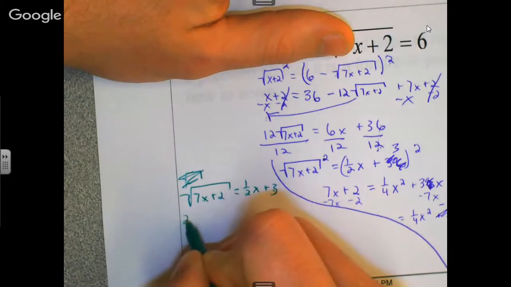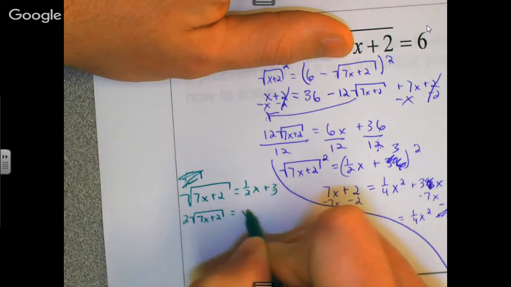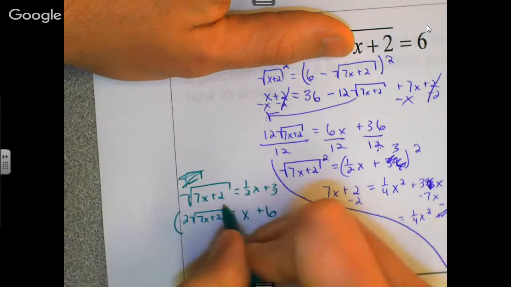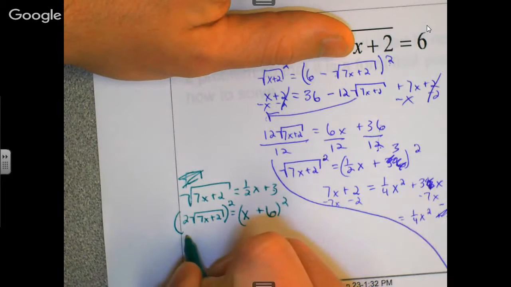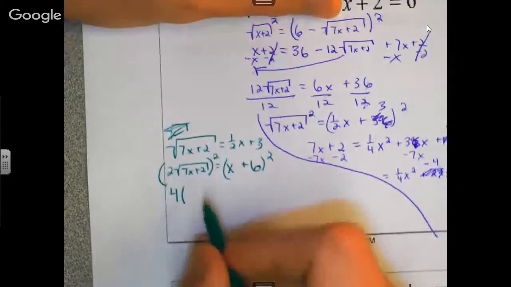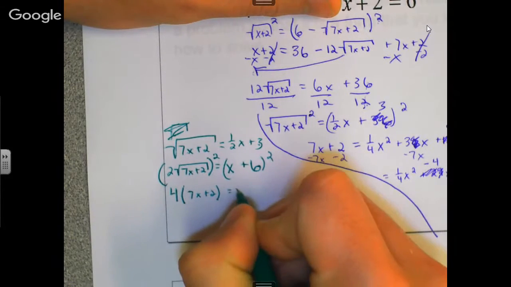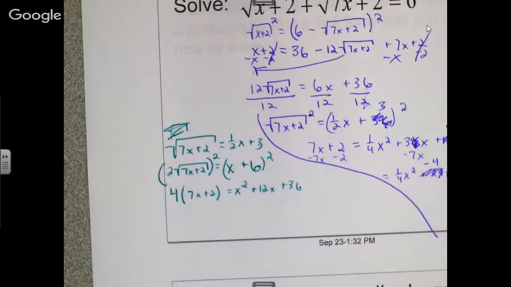So I have 2 radical 7x plus 2 equals x plus 6. So I can still square this whole side and square this whole side. So then I will have 4 times 7x plus 2 equals x squared plus 12x plus 36.